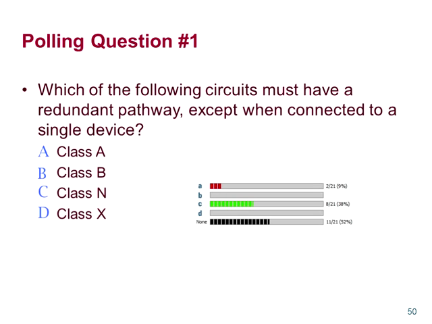Okay, the correct answer is actually C, Class N circuits must have a redundant pathway, except when connected to a single device. And that was on slide 33. Actually, it wasn't on slide 33. I lied. I'll have to go back and look now.